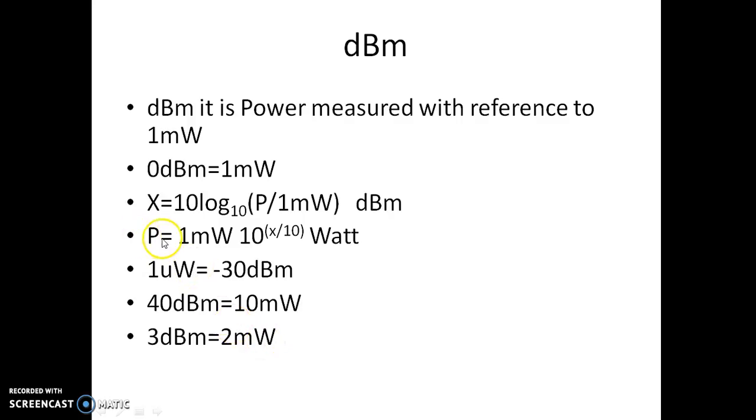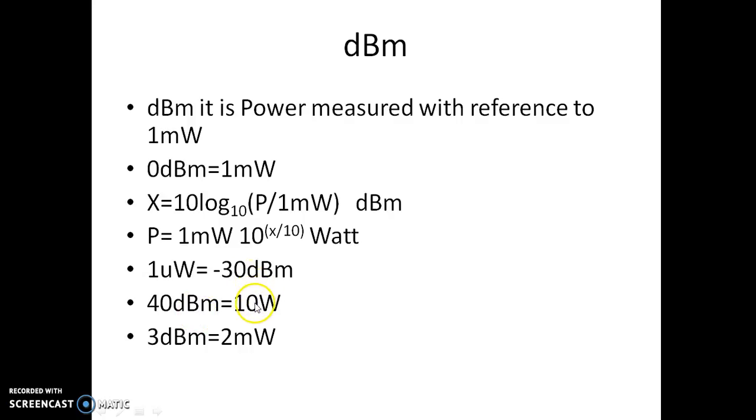So assume that you want to find out what is the power of this 40 dBm. So substitute this X as 40 here. 40 divided by 10 happens to be 4. 10 to the power of 4 into 1 milliwatt happens to be 10 watt.